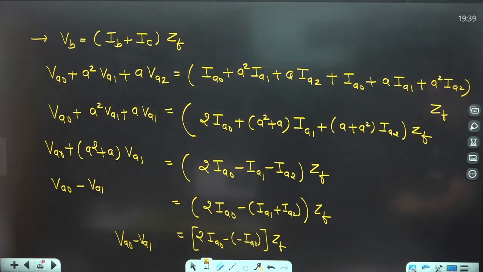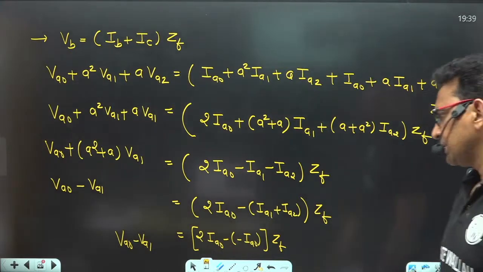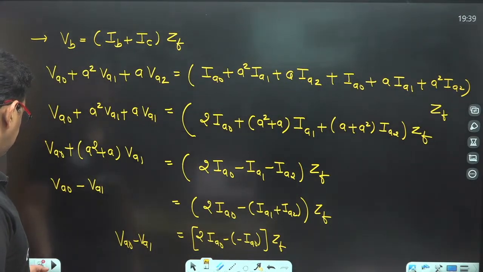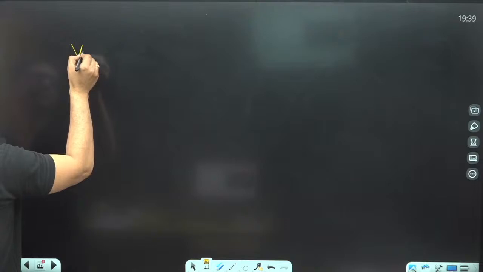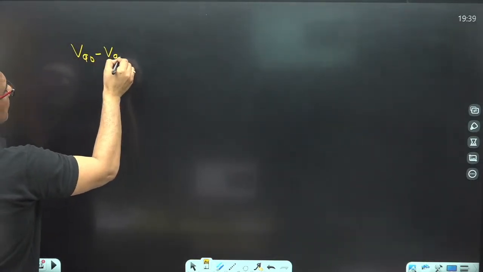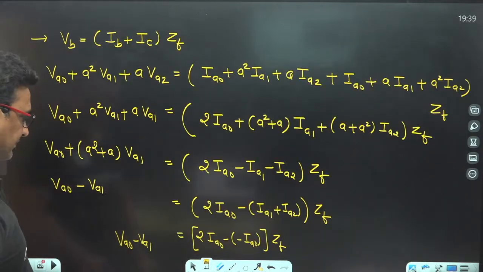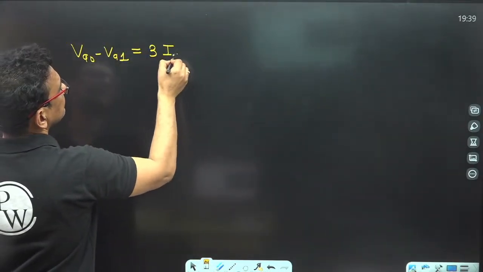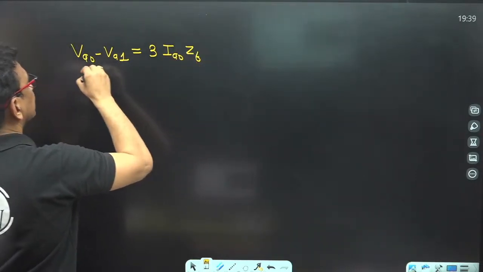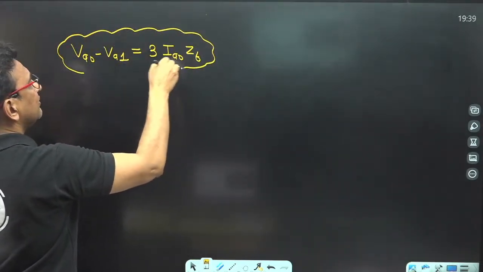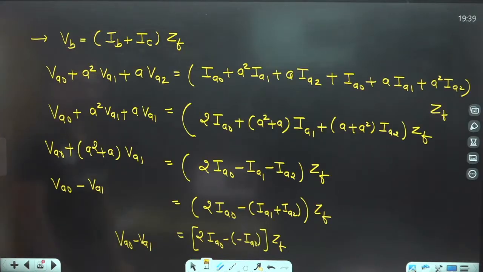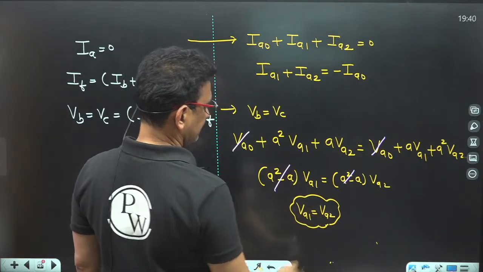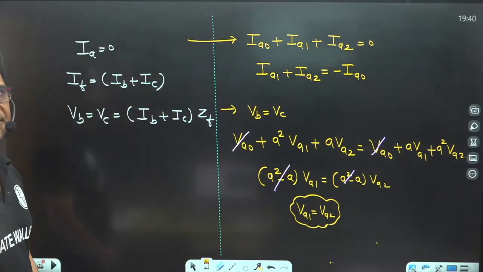Now VA0 minus VA1 is equivalent to 3 IA0 into ZF. So by using all these equations, I will connect the sequence networks.